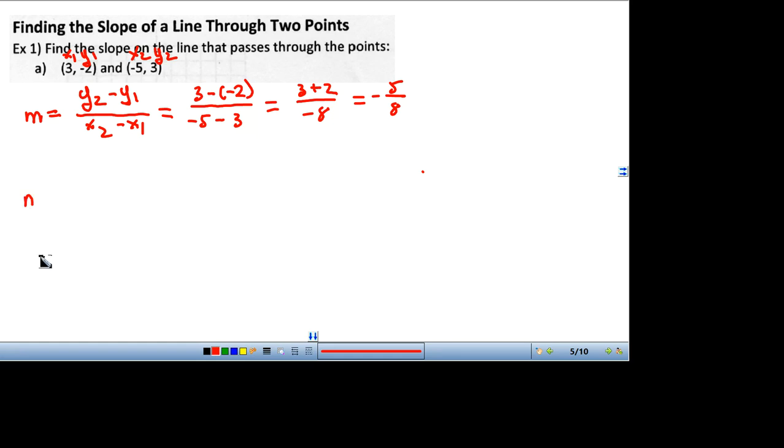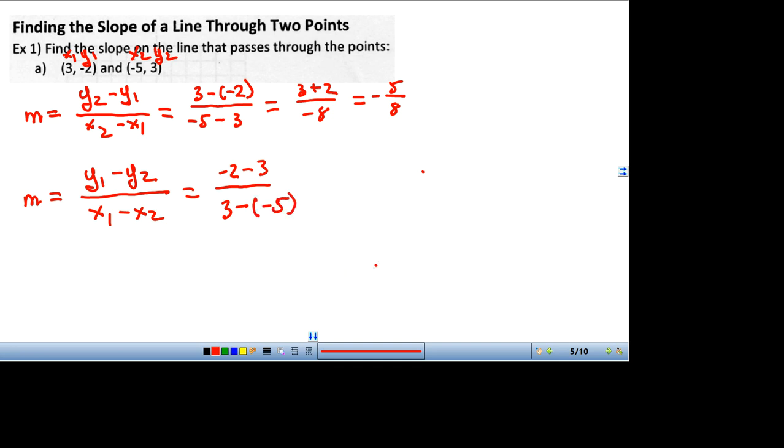What if I did it this way? m equals y1 minus y2 over x1 minus x2. So I'm going to use the same values, x1, y1, x2, y2, and I'm just doing this to show you it's exactly the same. So I have y1 minus y2. So I got -2 minus 3 over x1, which is 3, minus -5.